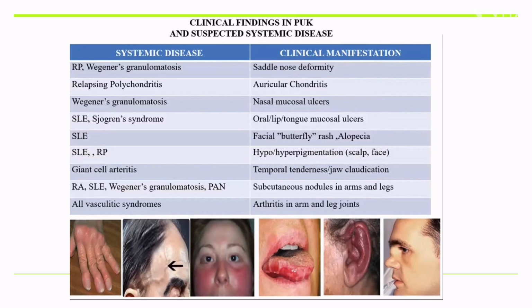Hypo or hyperpigmentation may be seen in connective tissue disorders. Temporal tenderness and jaw claudication raises suspicion of giant cell arteritis, and subcutaneous nodules are very common in rheumatoid arthritis and systemic vasculitis. And generalized arthritis is seen in most of the vasculitic syndromes. So whenever we diagnose PUK, we must perform a thorough systemic examination because the eye findings may be the first sign of a potentially life-threatening systemic disease.